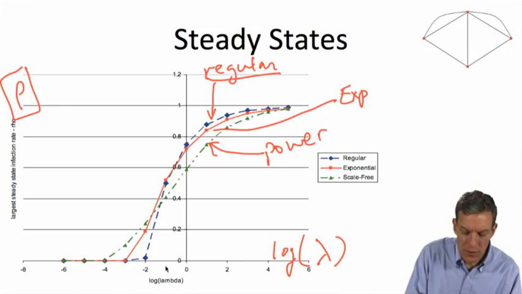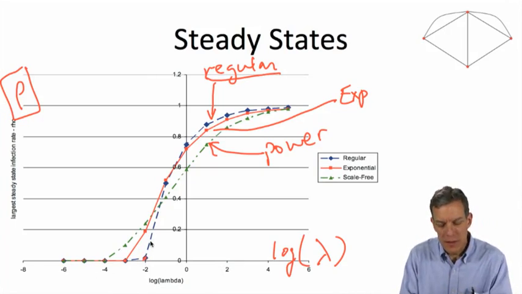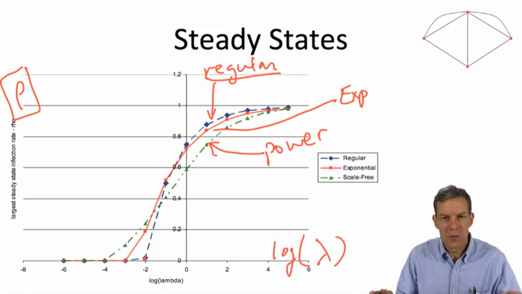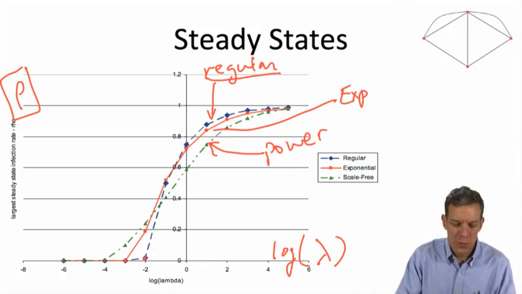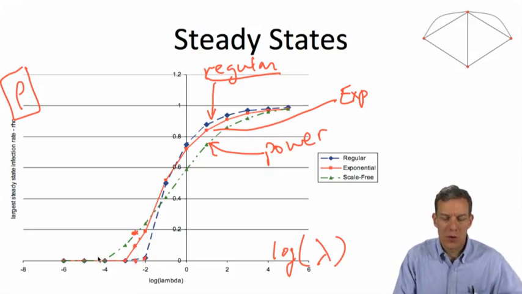And so what you see is if lambda is relatively low, then the regular one that has everybody right at the mean is the lowest. Spread it out in terms of exponential, it increases things. Spread it out even further in terms of going to a power distribution. So here, as you increase the variance, you end up increasing the relative rho. So that's what happens for low lambda.